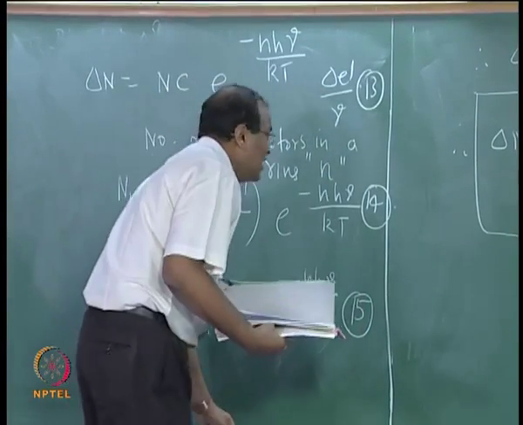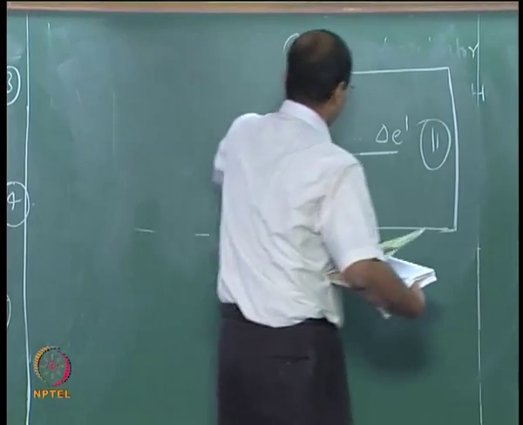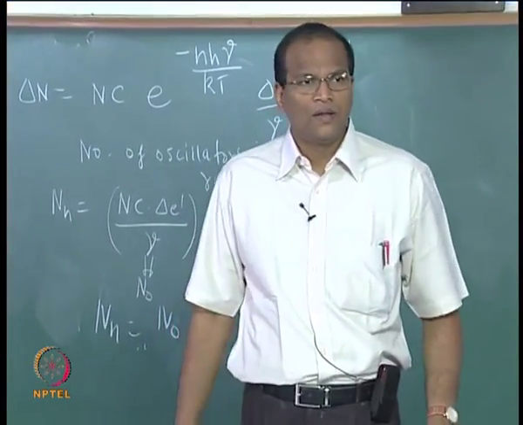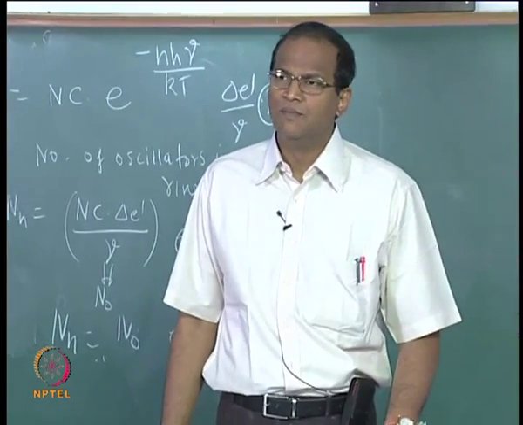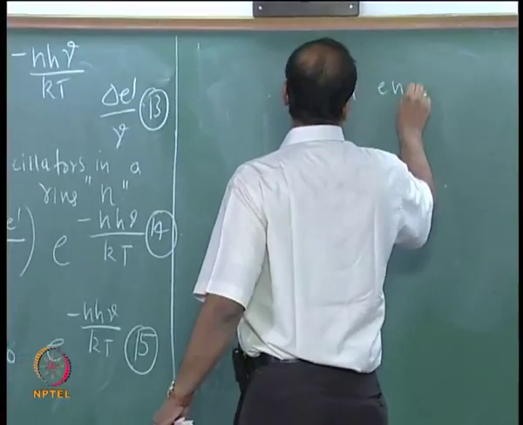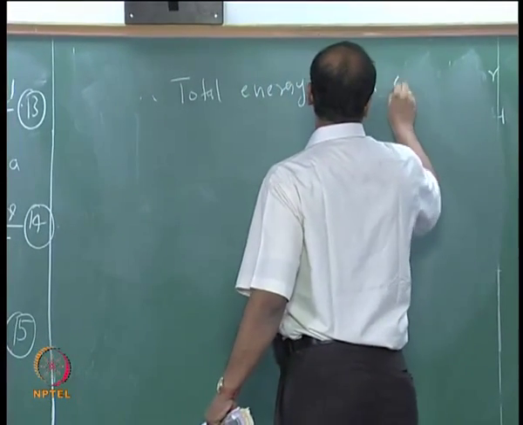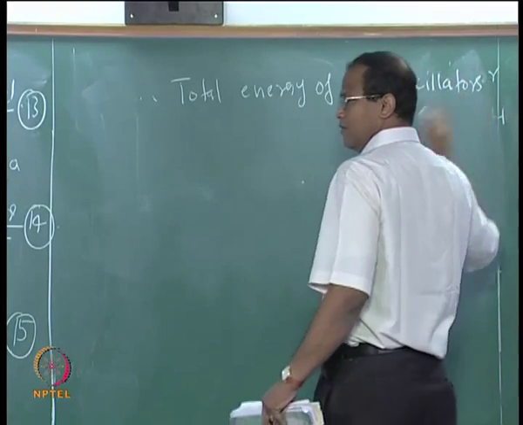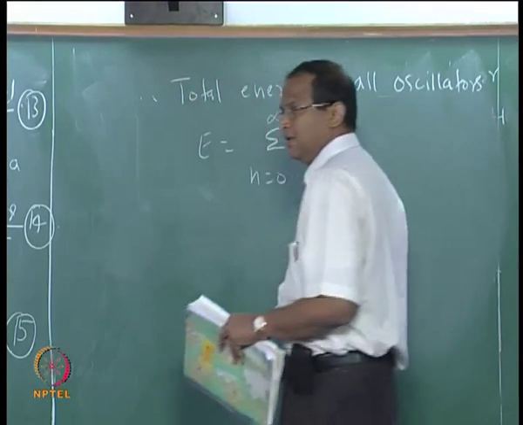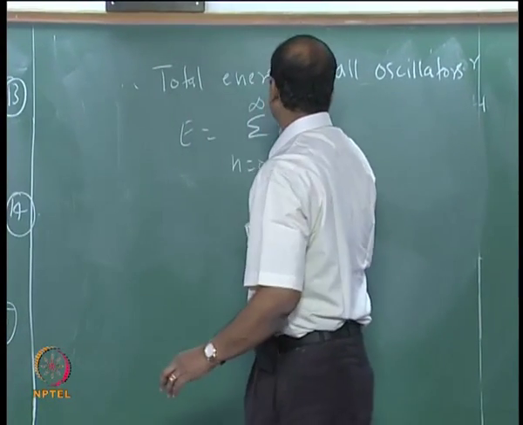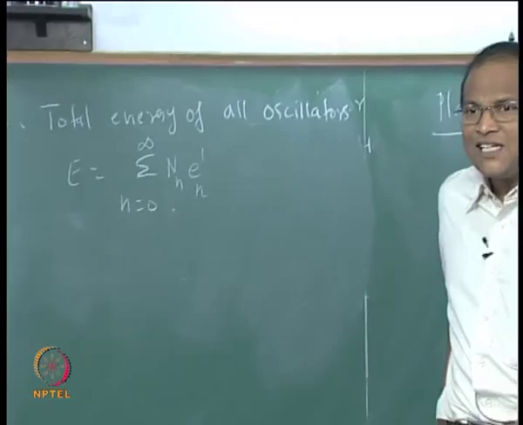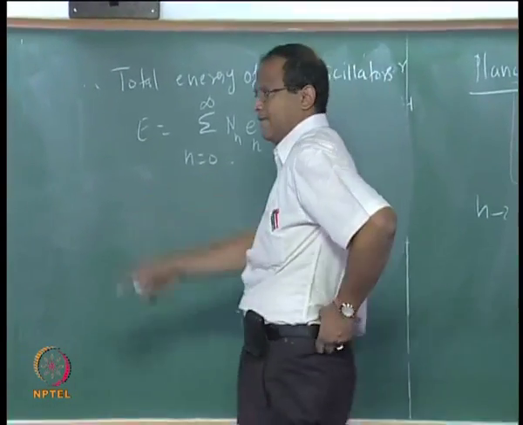Now, what is the total energy of all oscillators? What could be the minimum and maximum value of n? n minimum 0, maximum infinity. So you have to add up for all values of n. Total energy, we call it as capital E, is equal to sum from n equal to 0 to infinity of n multiplied by, correct, E dash corresponding to a particular value of n, and we already have the expression for this, okay.